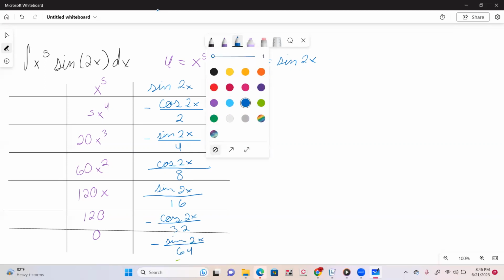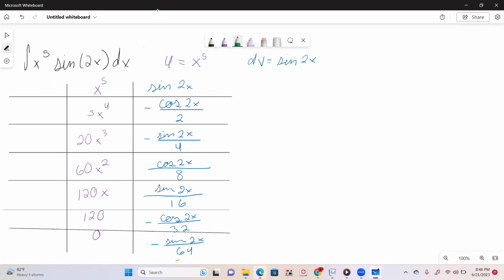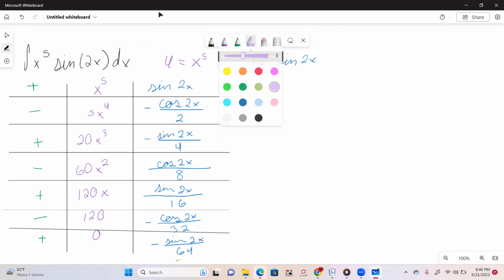Cool. So now the last part of the tabular method is our signs. It just alternates every term. There's nothing really more special than that. It starts with plus, minus, plus, minus, plus, minus, plus. Cool. The only weird part of the tabular method that you have to make sure you remember is you don't multiply them straight across.